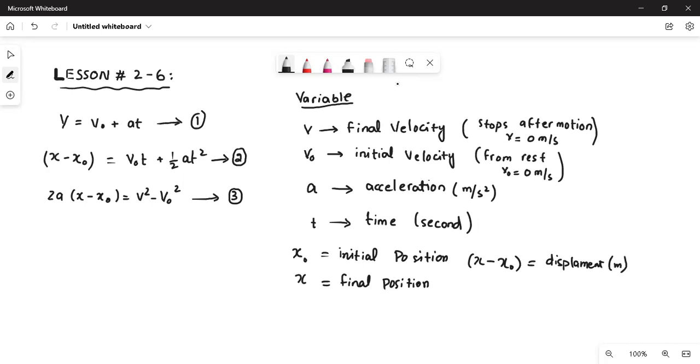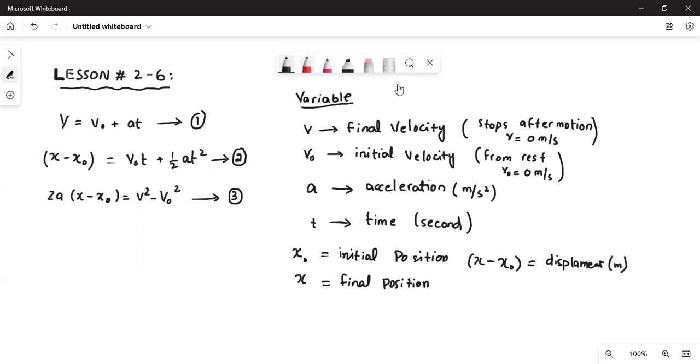Keep in mind, in these three equations you have seen x minus x naught in parentheses. Why did I write it in parentheses? Because this is one component. x naught will always be 0 in these problems, since we start from the initial position. So x minus x naught as a whole is the displacement from initial to final position. x naught is initial, x is final, so final minus initial is your displacement.